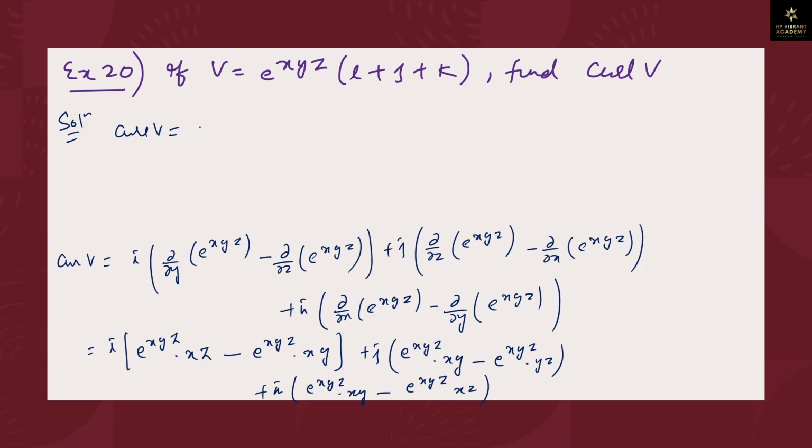So this is equal to e to the power xyz. Let us take it common from the whole expression. So this is x times (z minus y) i cap, plus, taking y common, y times (x minus z) j cap, plus x times (y minus z) k cap.